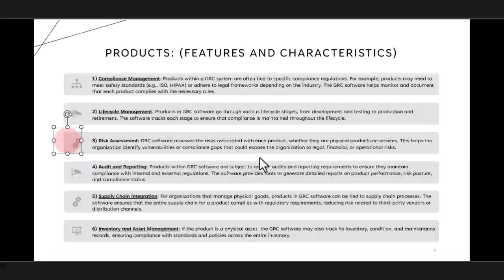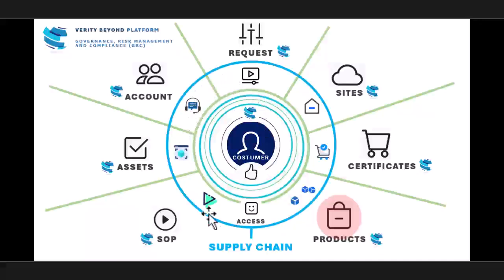VerityBeyond assesses the risk associated with each product, whether they are physical products or services. Audit and reporting. Products with GRC software are subject to regulatory audits and reporting. One of the main characteristics are also the supply chain integration that you can see in our chart here.